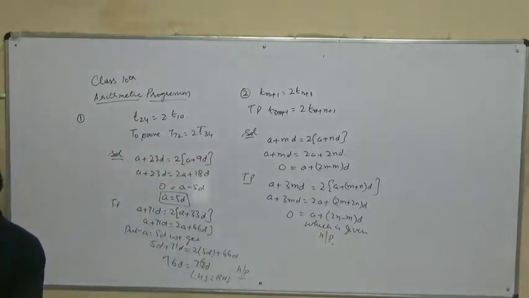The next part is, if the nth term of both the series is same, so two series are given, their nth term is same, we want to find the value of n. The series is 9, 7, 5 and 15, 12, 9.